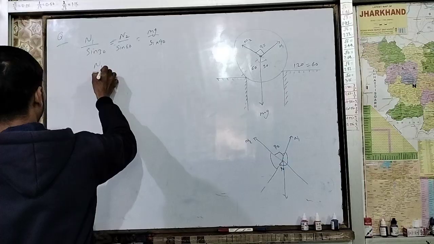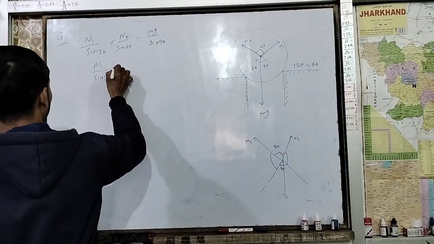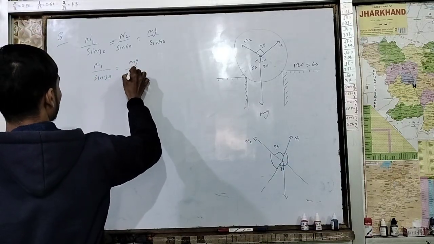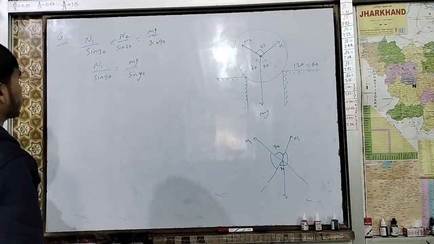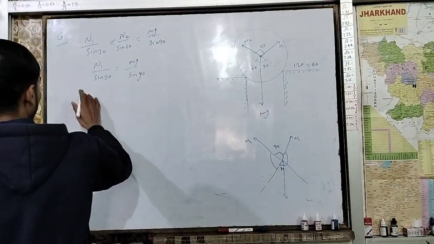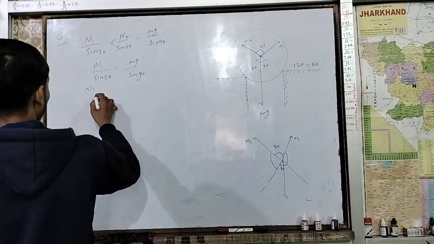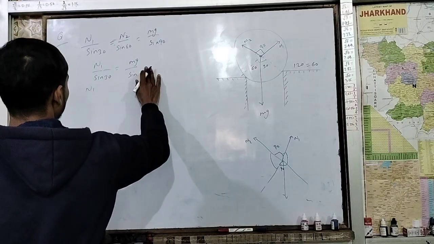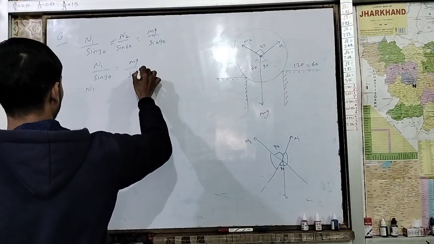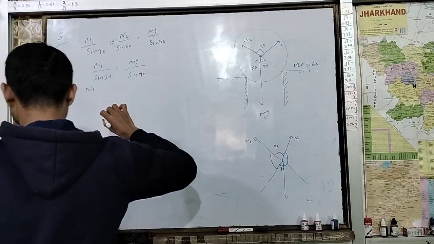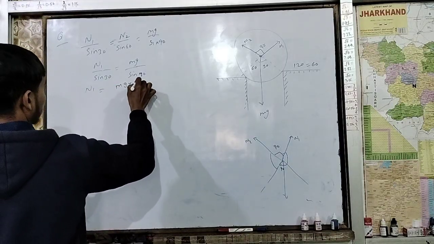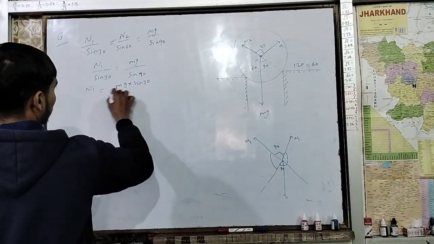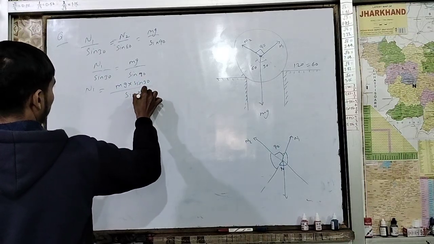Here we can say N1 upon sine 30 is equal to mg upon sine 90. We took this so that we can find the value of N1. From here, N1 can be written as mg multiplied by sine 30 upon sine 90.